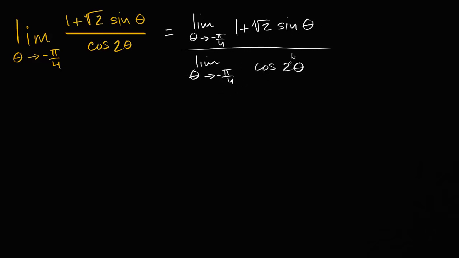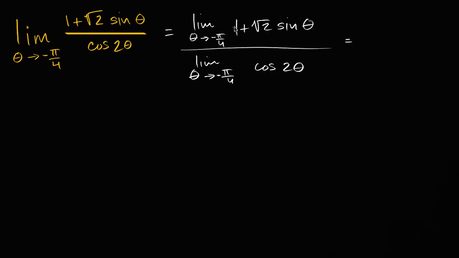And both of these expressions, if we were to graph y equals 1 plus √2 times sin θ, or y equals cos 2θ, we would get continuous functions, especially at θ equals negative π over 4. So we could just substitute in.